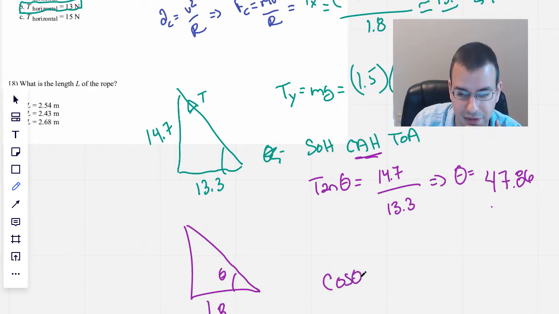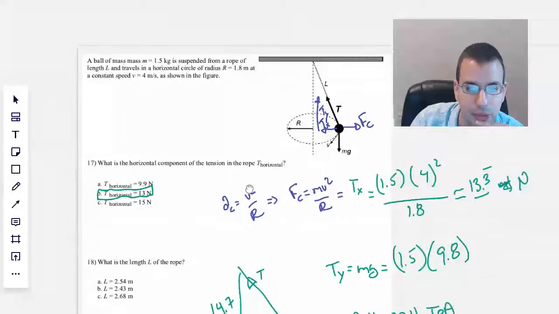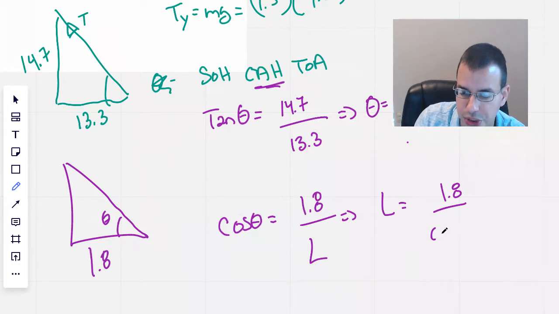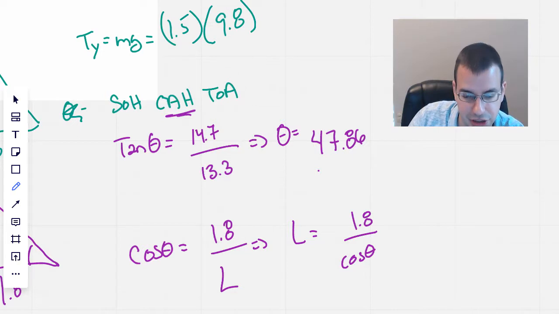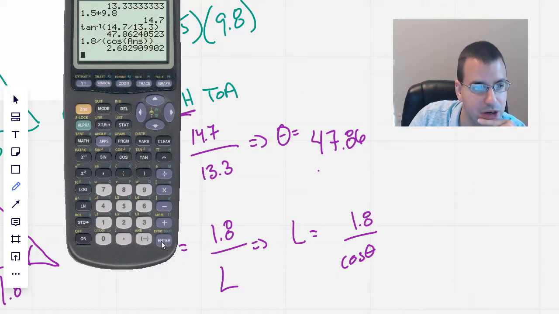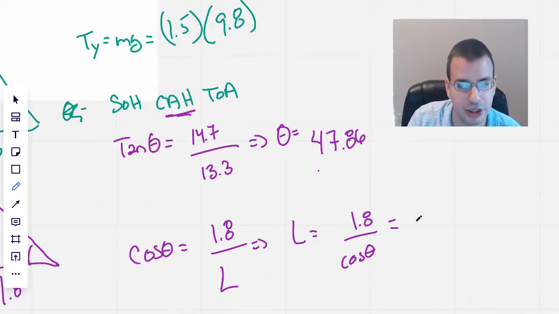So cosine of theta equals adjacent over hypotenuse, so 1.8 over, I'm going to write this as L, because that's what they use in the problem. Therefore, L equals 1.8 over cosine of theta, where we know what theta is. So let's do 1.8 divided by cosine of the second answer. We should get a number that's bigger than 1.8. So 2.68.